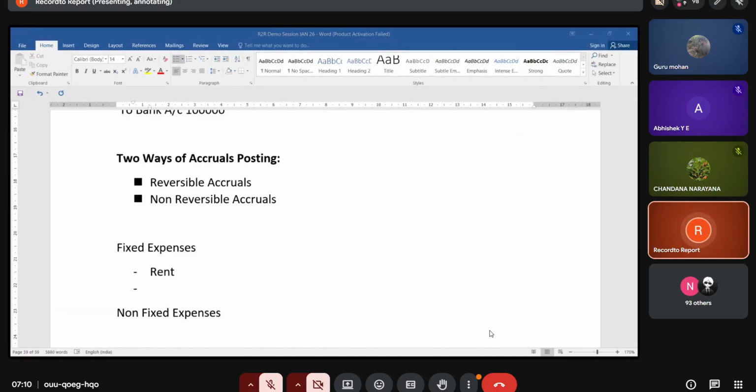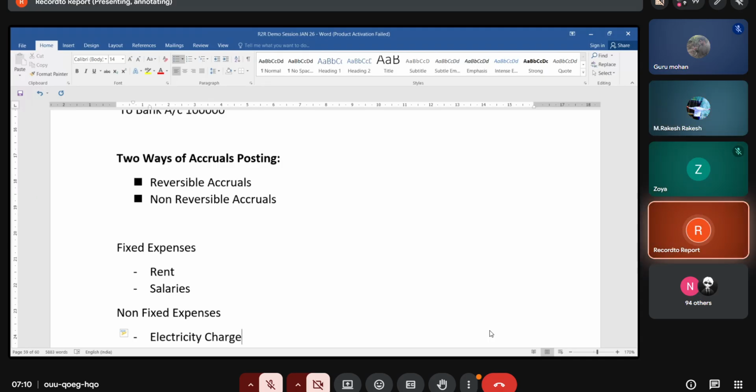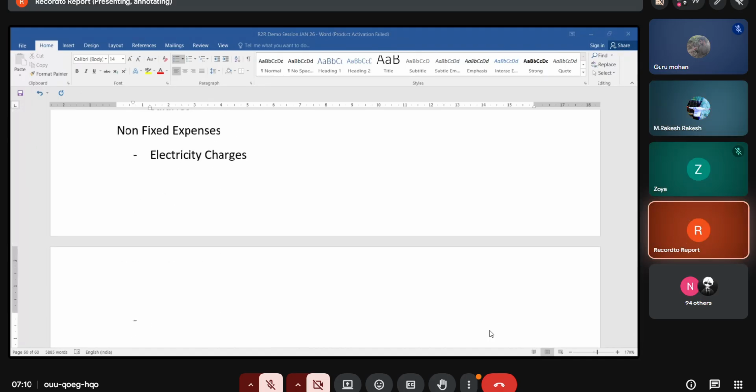Will salaries change every month, guys? No, salaries are fixed. Another example, electricity. Is it fixed or non-fixed? Non-fixed expense. Electricity charges will change every month.